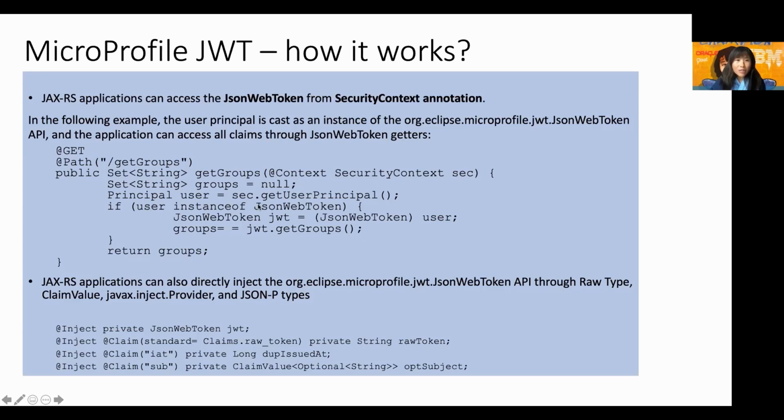And the user principal is a JSON web token if you enable the MicroProfile JWT feature. And then you can get hold of all the claims inside this JSON web token. Alternatively, you can also inject this JSON web token using CDI, or you can inject each individual claim using the qualifier @Claim, specify which claim you want, and then inject it into a variable.